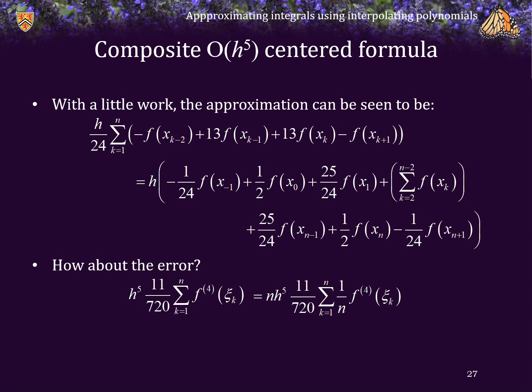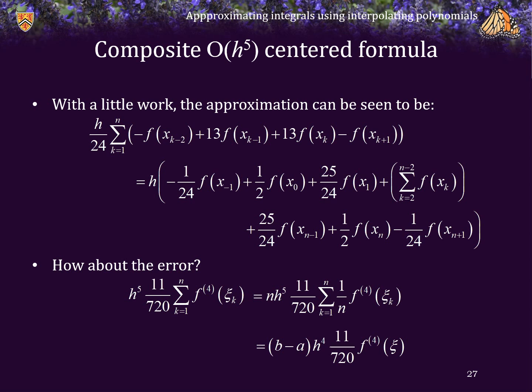Additionally, we have the average of the fourth derivative evaluated at points between a and b. So therefore, this simplifies to b minus a times h to the fourth times 11 over 720 times the fourth derivative evaluated at some point psi that lies between a and b.